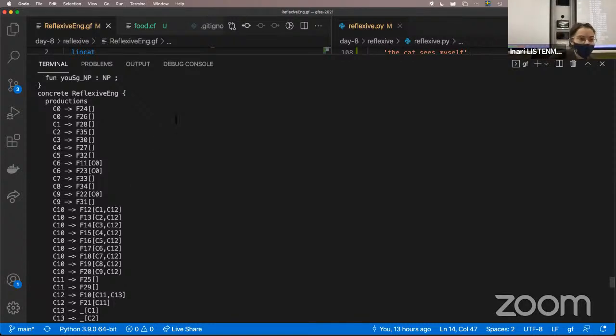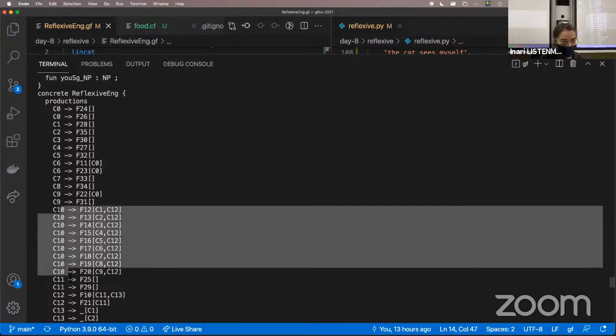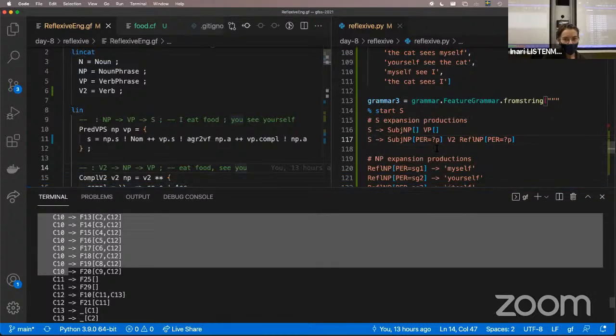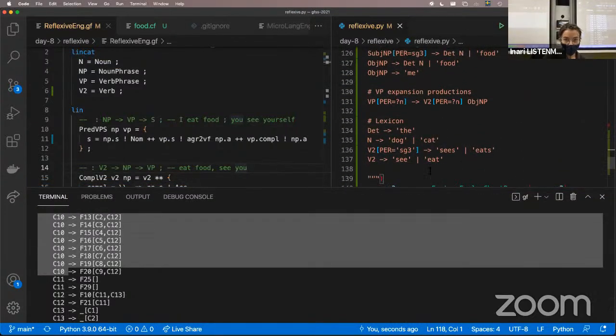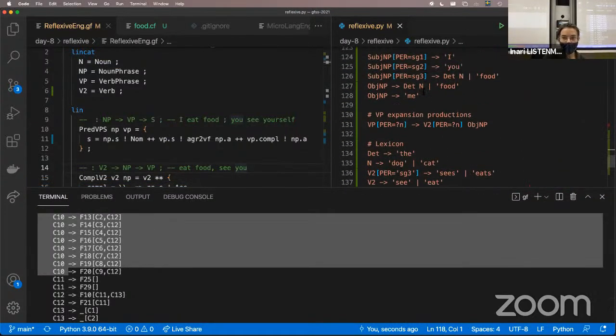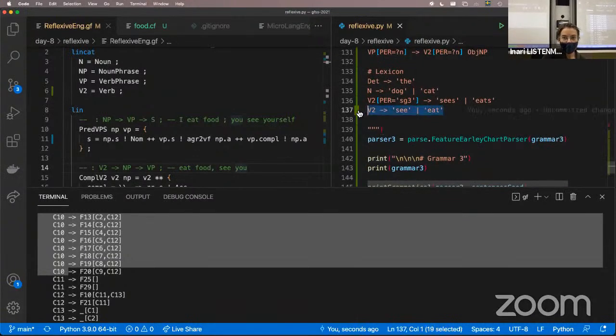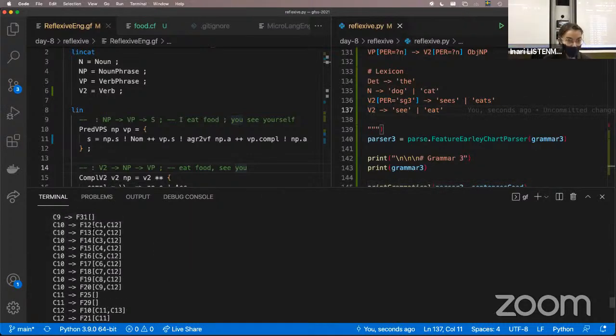I don't know. But anyway, the point is that these things definitely expand to several ways of making one thing. Such an NP can be one of these, or the third person singular verb is one of these, and other verbs one of these. So the low level is where all this kind of expansion is happening.